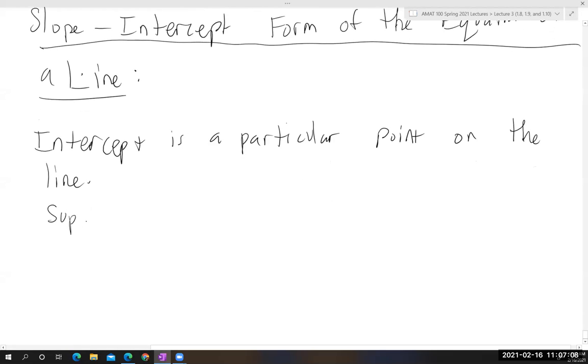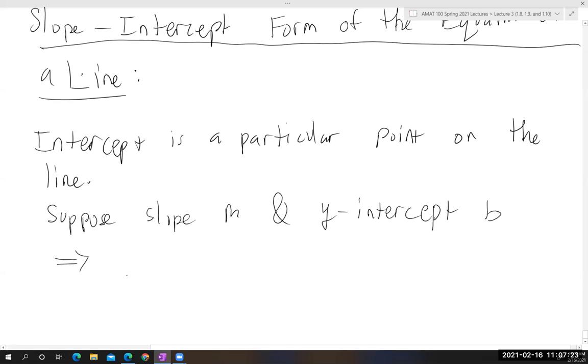Suppose you have slope m and y-intercept. So we're given the y-intercept b. The point in the plane corresponding to this intercept is (0, b). This is a point on the line.